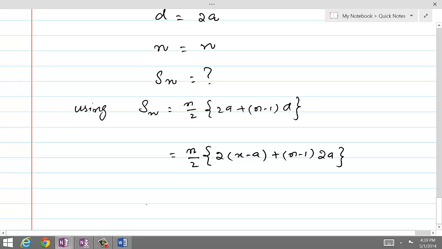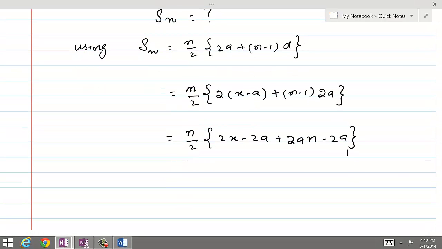Let's close the bracket, and we get n by 2 times 2x minus 2a plus 2an minus 2a.